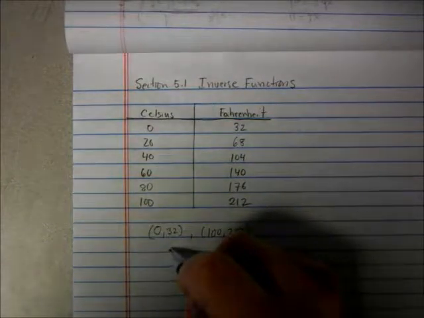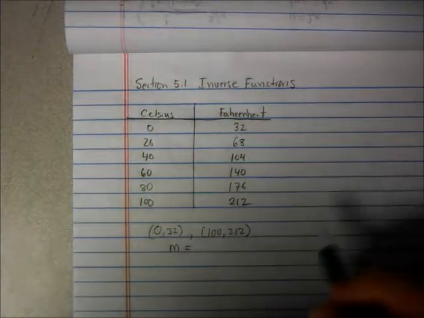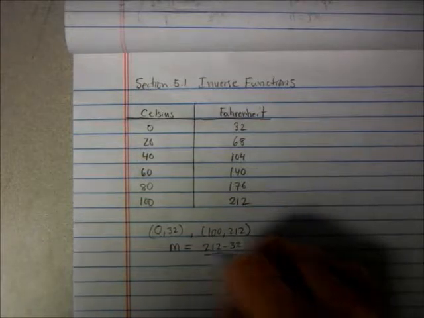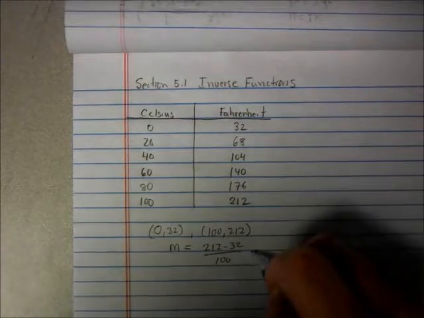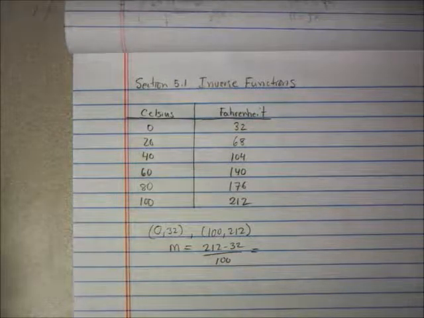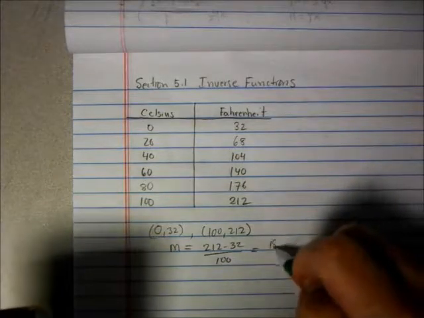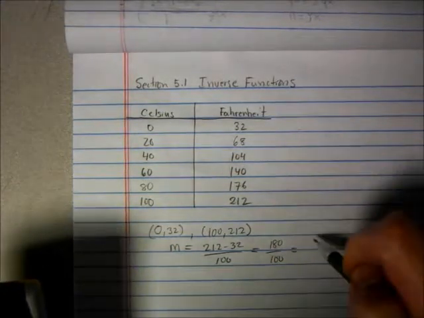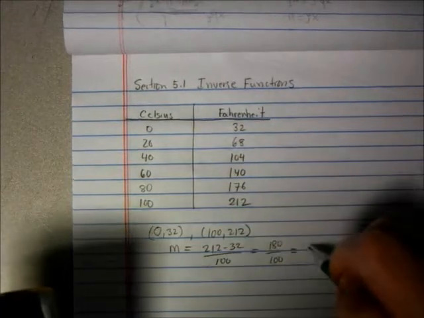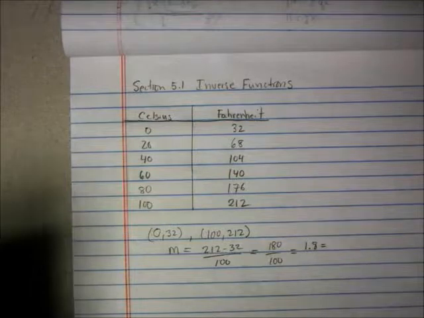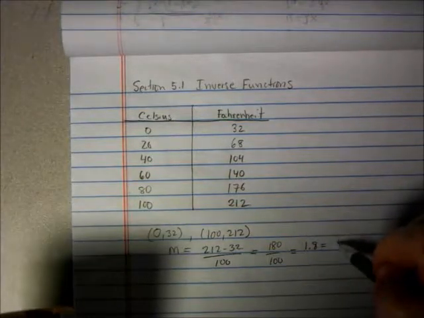If I do that, m is 212 minus 32 over 100. 212 minus 32 happens to be 180 over 100, which I could write as 1.8, I suppose, but I think I like the fraction. I think it's 9/5. It is.